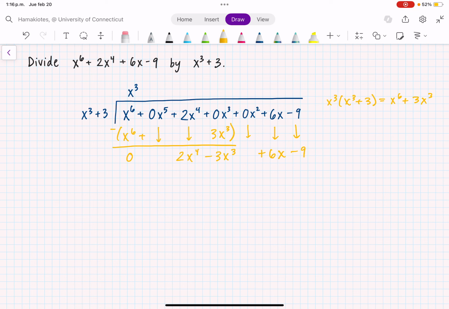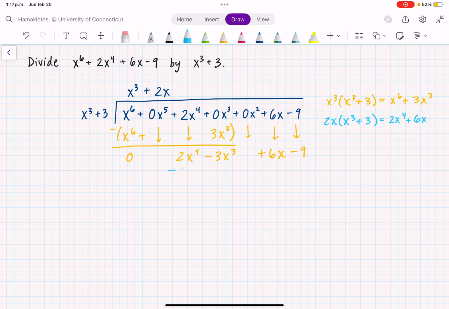Okay, great. So now I want to find what I need to multiply x cubed by to get 2x to the 4th. Well, I can multiply by plus 2x. So 2x times x cubed plus 3 is 2x to the 4th plus 6x. So now I can subtract that.